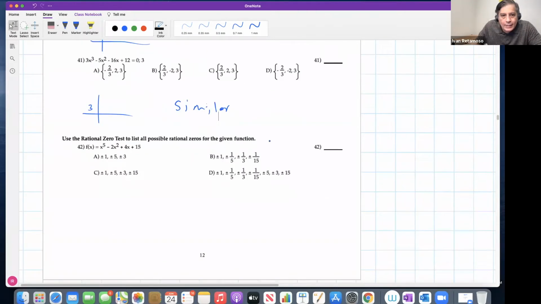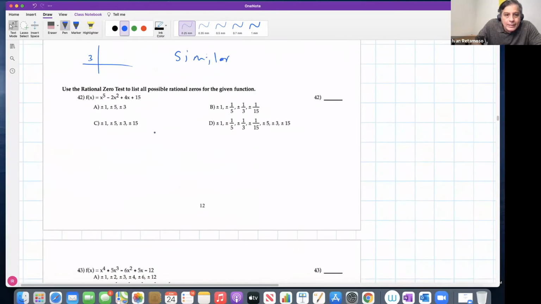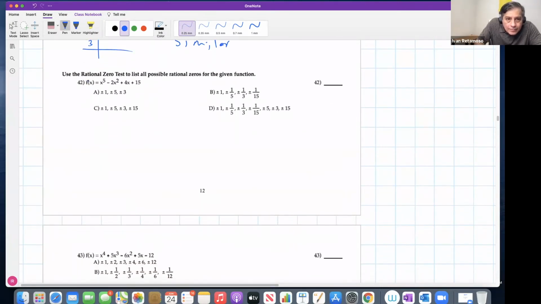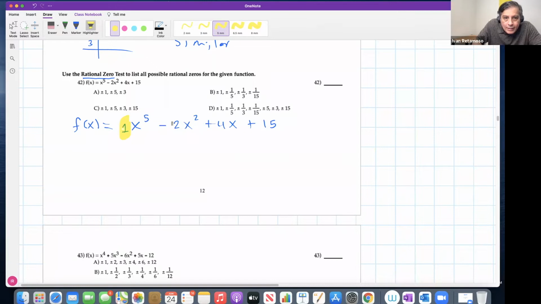42 is a little bit different, so let's do it. It deals with figuring out all possible rational zeros for this function. We explained that that depends exclusively on the first term and the last term. To be precise, it depends on the divisors of the leading term and the divisors of the last term, this guy.